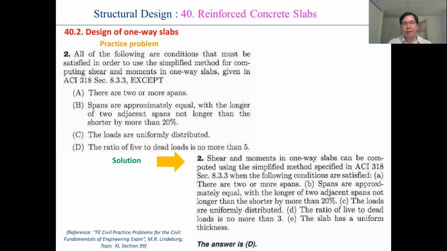C, the loads are uniformly distributed. And D, the ratio of live load to dead load is no more than 3. And E, the slab has uniform thickness. So when you compare the theory given here with the solution proposed, you can find that the correct answer is D. The ratio of live load to dead load is no more than 5.